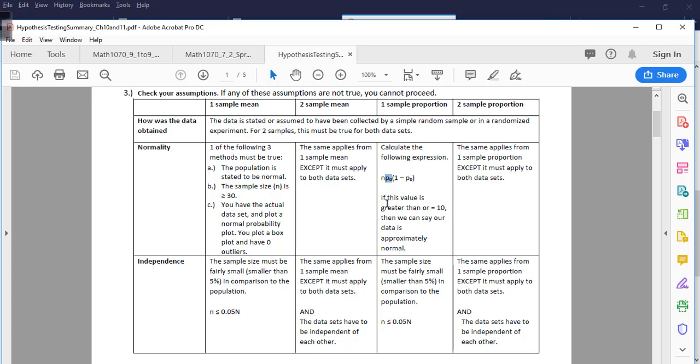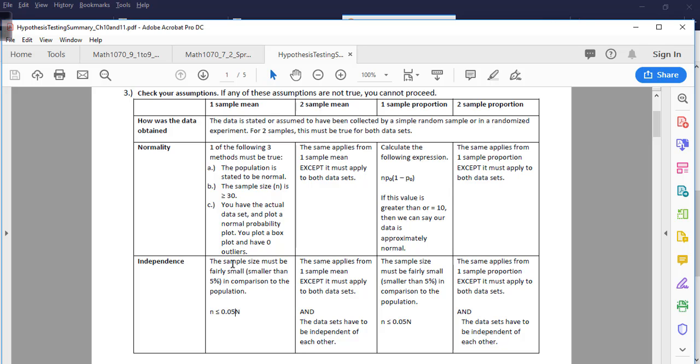Third assumption is independence. When you're selecting these samples, it is likely that people are going to end up in multiple samples. So you want to make sure that your sample size, lowercase n, is less than or equal to 5% of capital N, your population size.